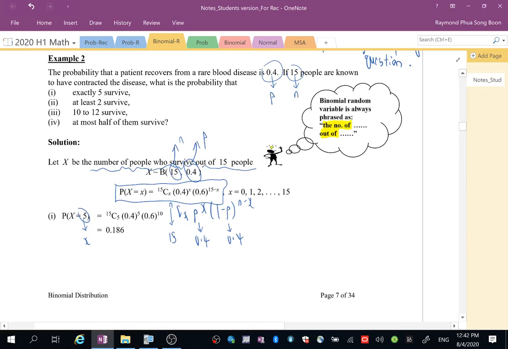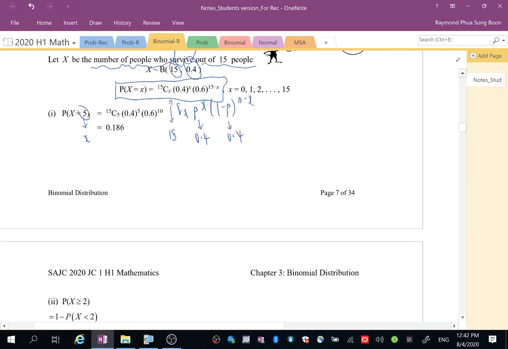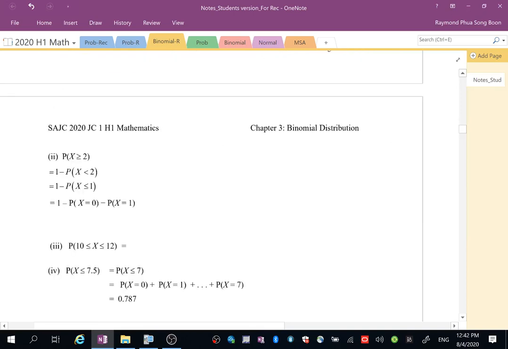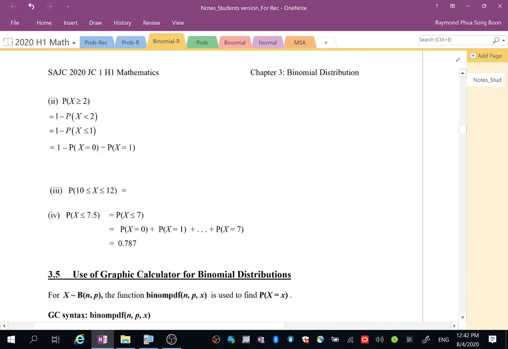Okay, part 2. Find the probability that at least 2 people survive. That means probability X is greater than or equal to 2. So that is equal to 1 minus probability X less than 2, or 1 minus probability X less than or equal to 1.